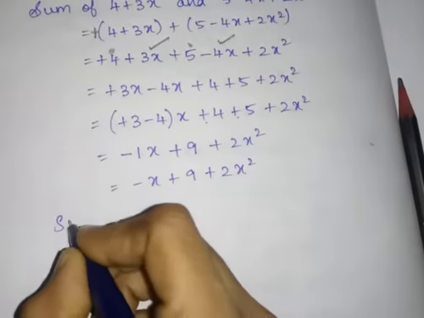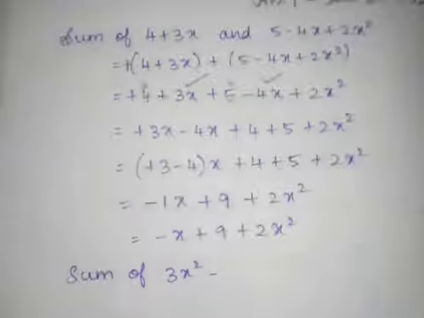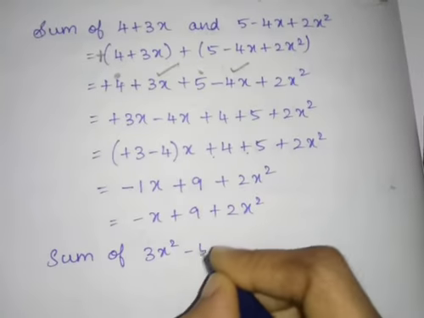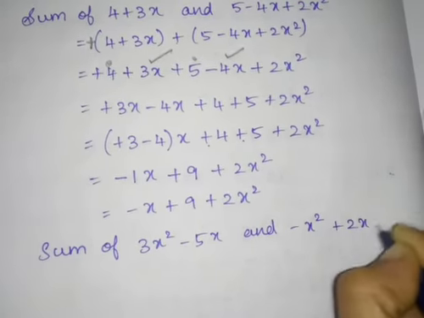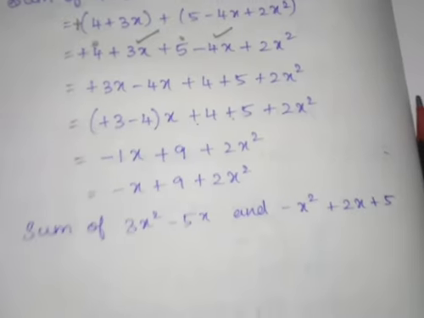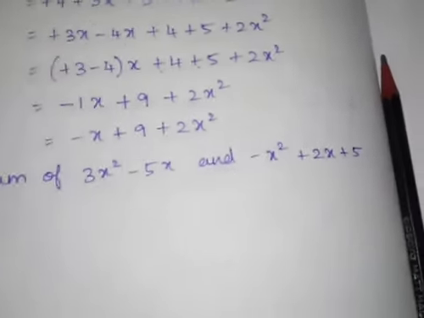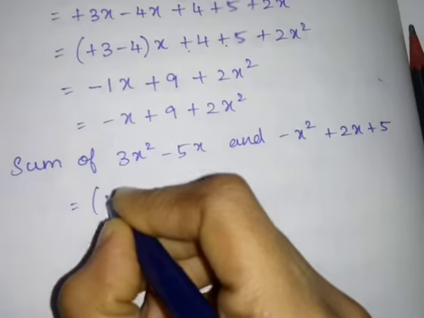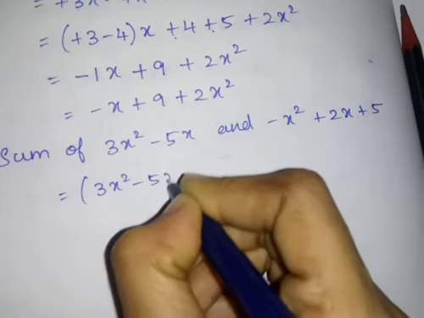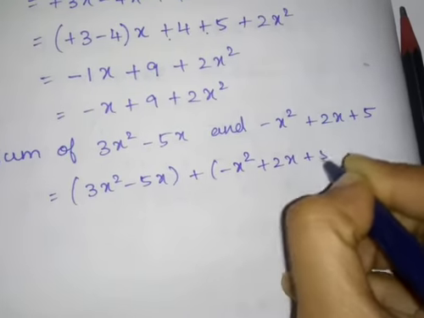Next, what you should find? Sum of 3x square minus 5x and minus x square plus 2x plus 5. Now we should find the answer number 2. Okay, that is what our next thing we should do. So just finding the answer. 3x square minus 5x plus minus x square plus 2x plus 5.